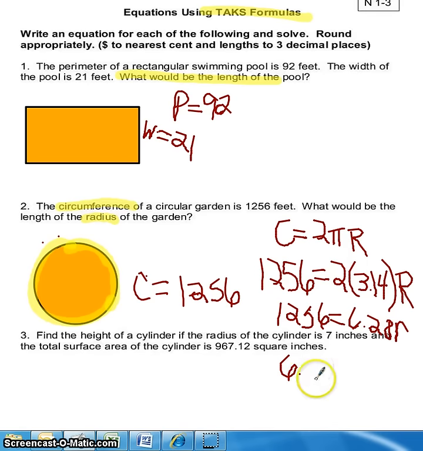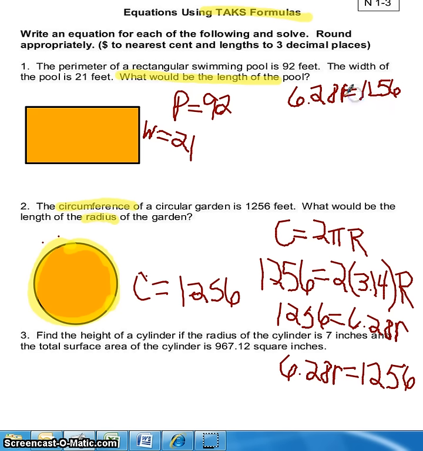You can say 6.28 r equals 1256. Okay, I'm going to go ahead and write it up here just so we can keep going. Let's try that one more time. 6.28 r equals 1256.